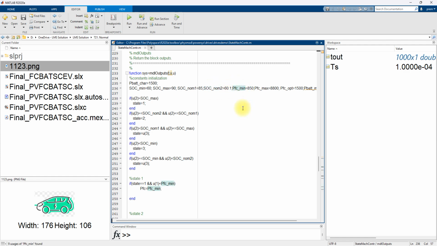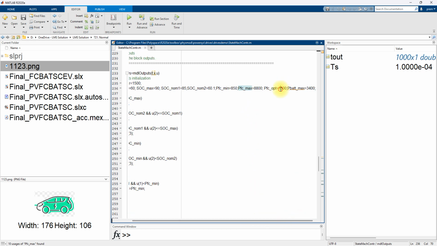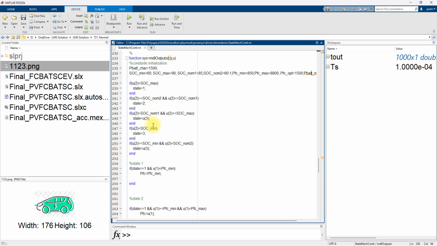The minimum power of the fuel cell will be 850, maximum power will be 8800, and optimal power will be 1500. The maximum power of the battery is 3400, and here you have to check the condition, that means the SOC status.